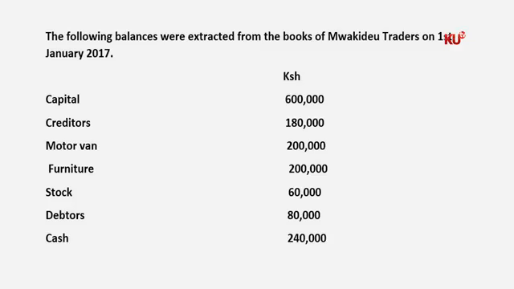Yes, so that is a question where we have to show the effects of transactions on the balance sheet totals. You're told that the following balances were extracted from the books of Mwakideu traders as on 1st January 2017.